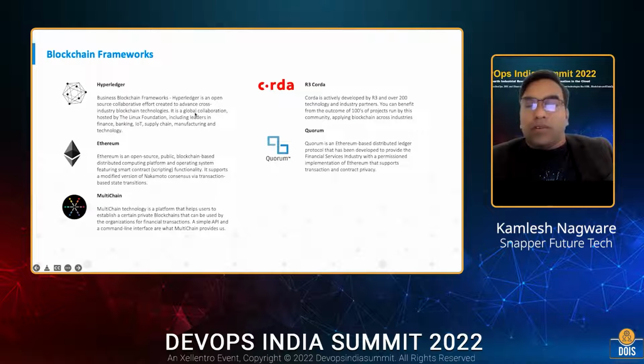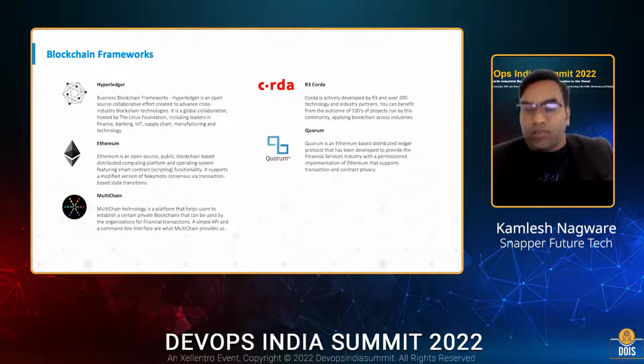And there are a number of such blockchain frameworks out in the community, out in the industry, but mostly people know about Ethereum and Hyperledger, but there are many. So Hyperledger as a stack is a blockchain framework foundation by the Linux Foundation. The Linux Foundation is an open source community to bring open source software development across the industry, across tech.